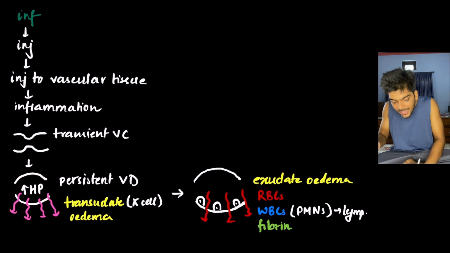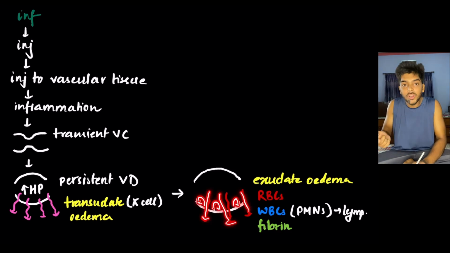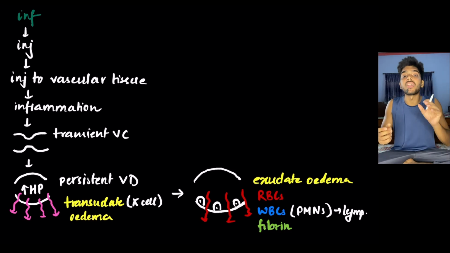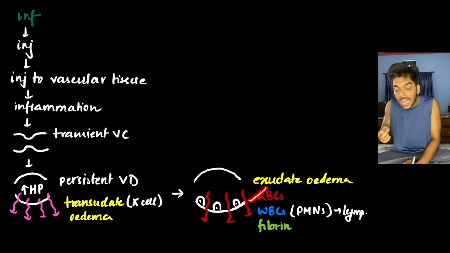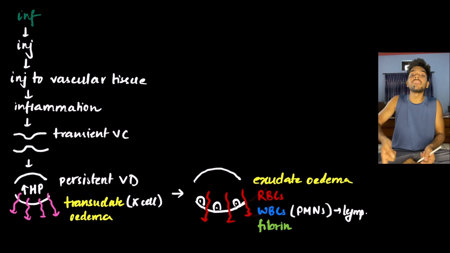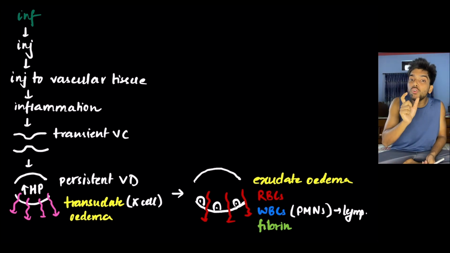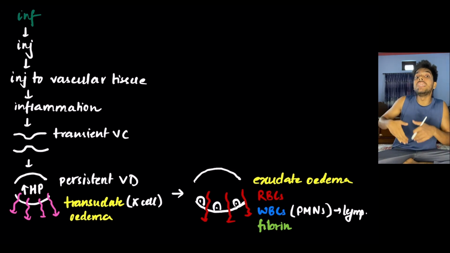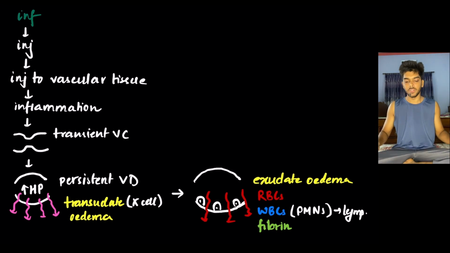Later, due to increase in permeability, along with fluid, cells come out. This is exudate. So transudate contains fluid with no to little cells. Exudate contains fluid along with lots of cells. The cells are red blood cells and white blood cells. The white blood cells that come first during acute period of time are neutrophils, and the white blood cells that come later after chronic period of time are lymphocytes.